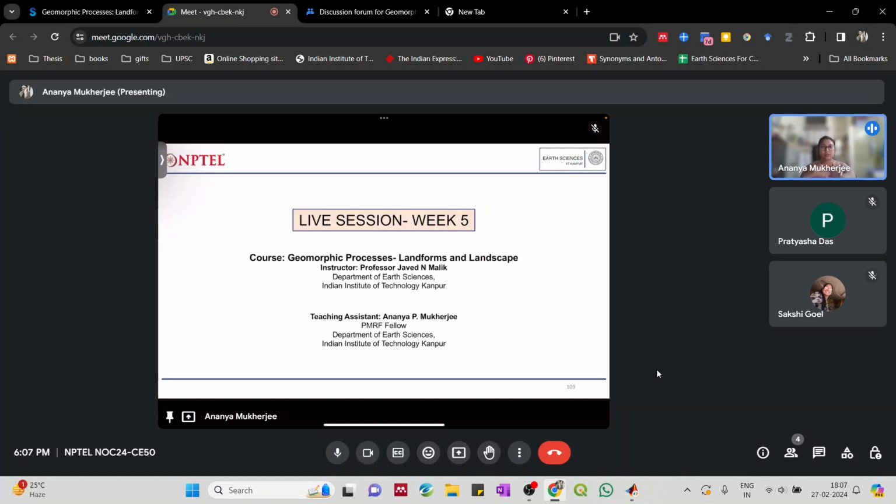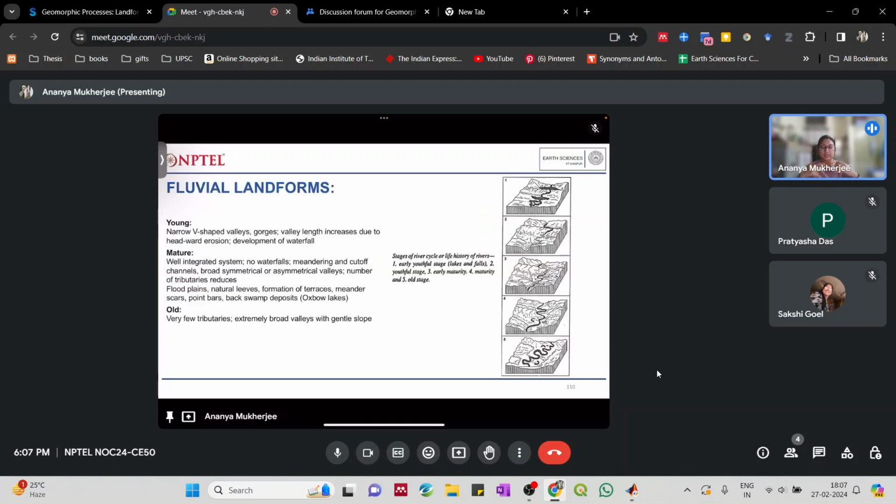Building on that, today we will move towards understanding the stages of the river cycle, the different stages that occur during the life of a river, which change the landforms and the landscape around the area through which the river is flowing.